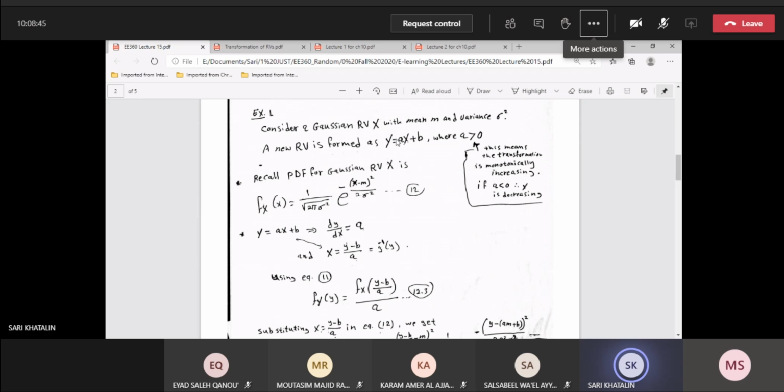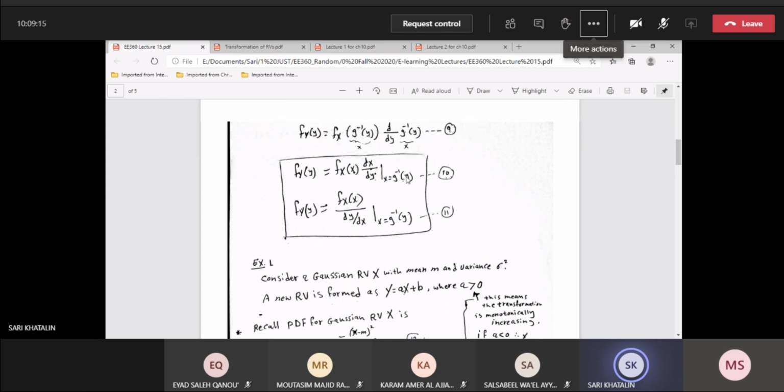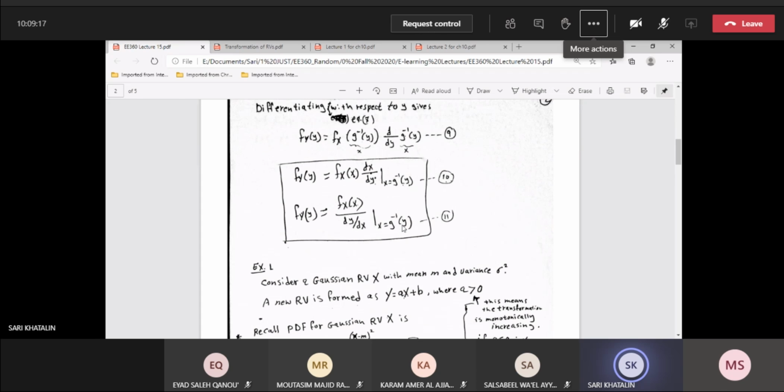A larger than 0 means this function y is always increasing, because if a is negative, this is always going to be decreasing as x increases. In our case, it's increasing, so we can use equation 11.